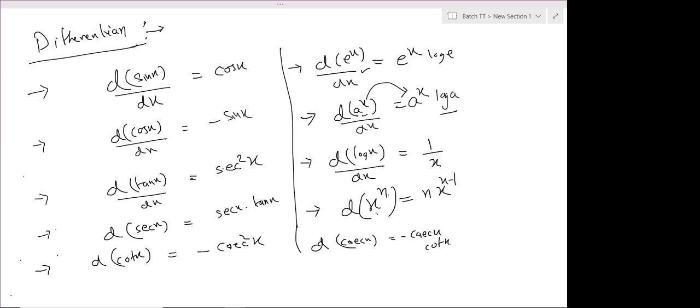So the differentiation of cosec x is minus cosec x into cot x, right?